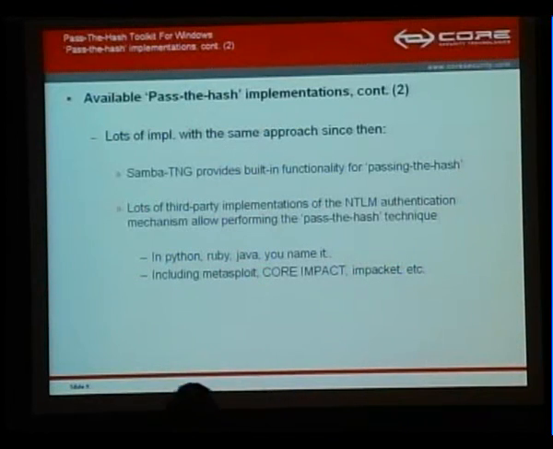Since Paul Ashton published his exploit code, there have been a lot of other implementations of the same technique. For example, there's a project that is a cousin of the Samba project called Samba TNG that also provides this functionality built in, without needing the code that Paul Ashton wrote. There are also lots of implementations of the various protocols included in the SMB protocol, written in Python, Ruby, Java, practically every language.